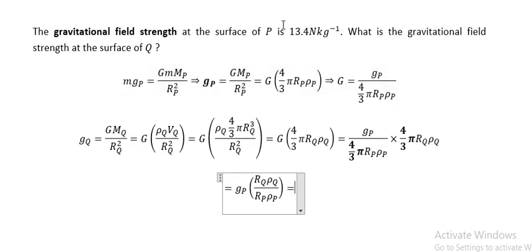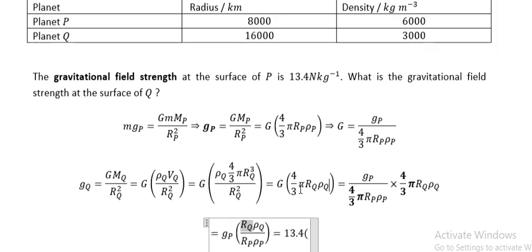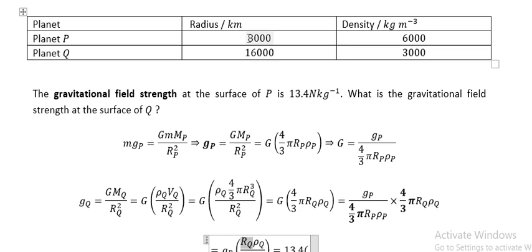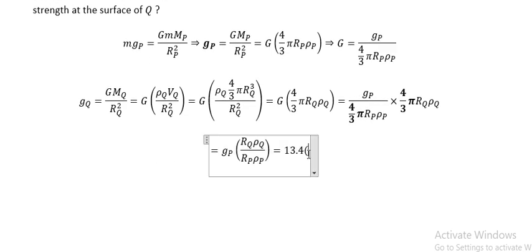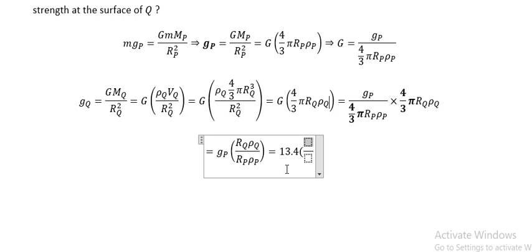So let's go ahead and feed the values. Our first value here is 13.4. I'll just feed without units for now. 13.4 times the radius of Q times the density of Q. The radius of Q is 8,000 times the density, which is 6,000. All the units, the unit of radius and radius will cancel, the unit of density and density will cancel.